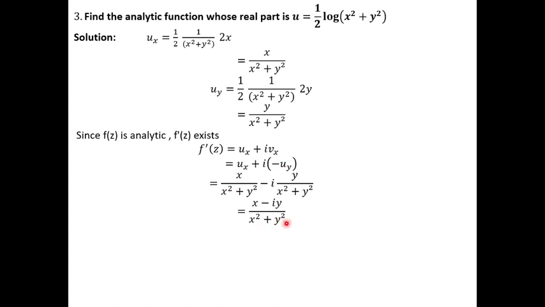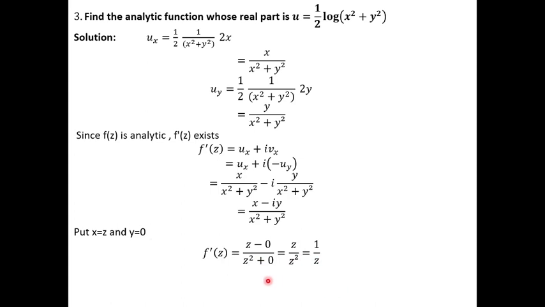Now apply the Milne-Thomson method. By the Milne-Thomson method, put x equal to z and y equal to 0. In this case, we get f'(z) equal to (z plus 0) whole divided by (z square plus 0). That is z by z square. What is z by z square? 1 by z.